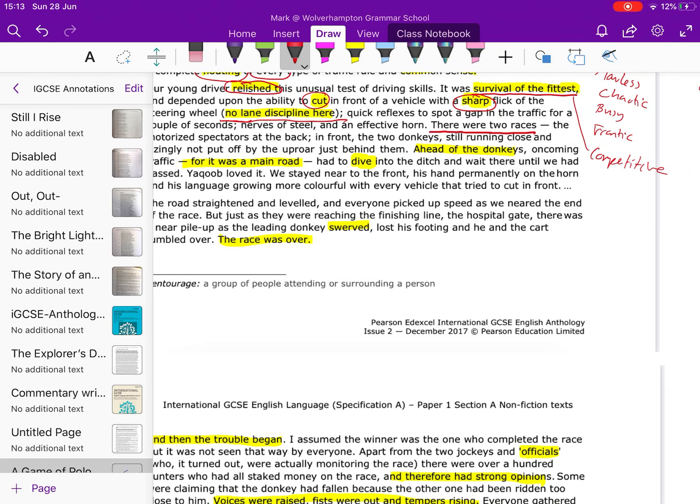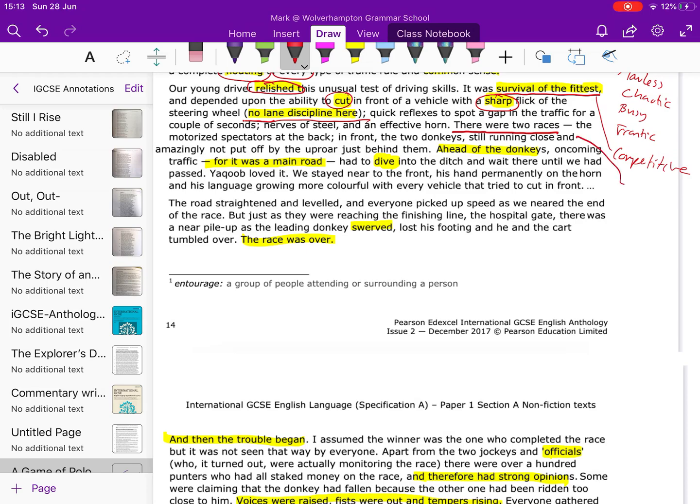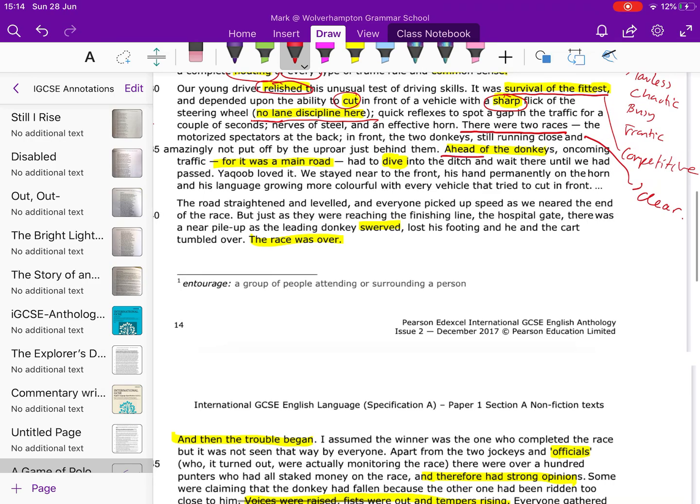What she does, she has sentences like there were two races, which again make it clear to the reader and helps us follow it along. And then she includes sentences like this, which begin with prepositions, ahead of the donkeys. And that prepositional phrase, again, just helps us picture where everything is happening in our mind.